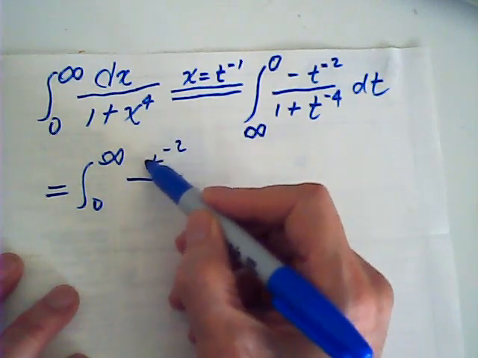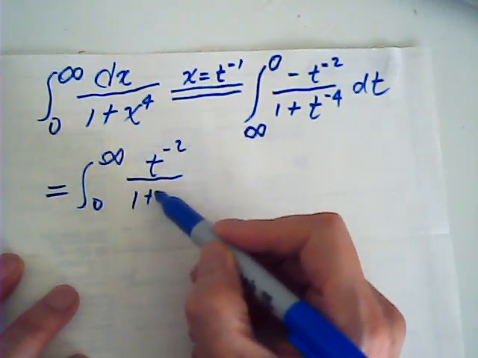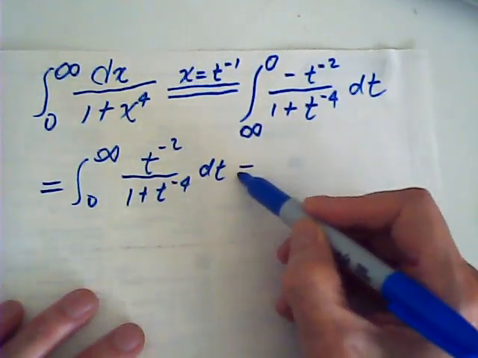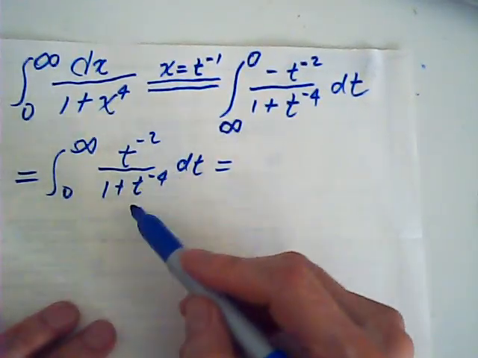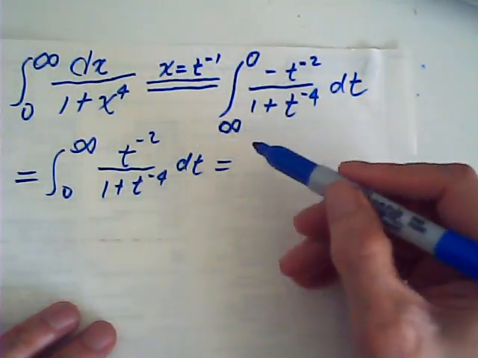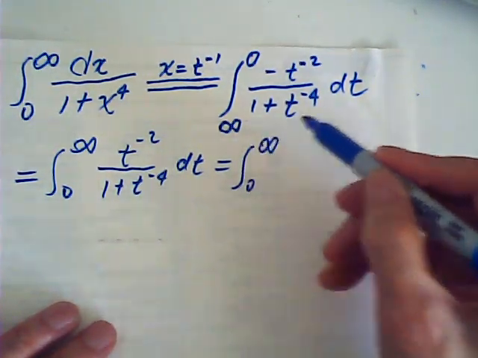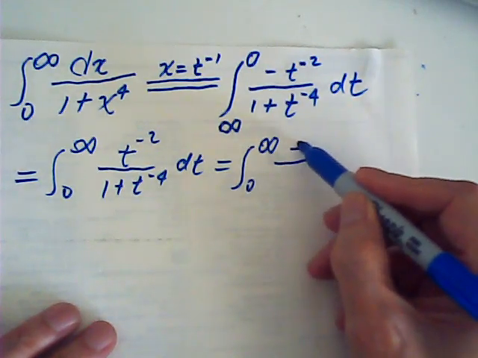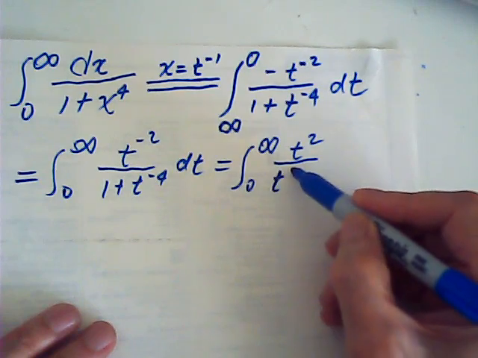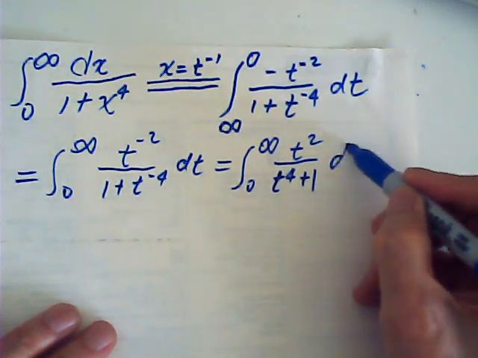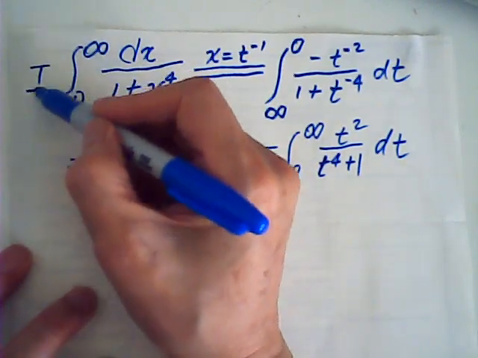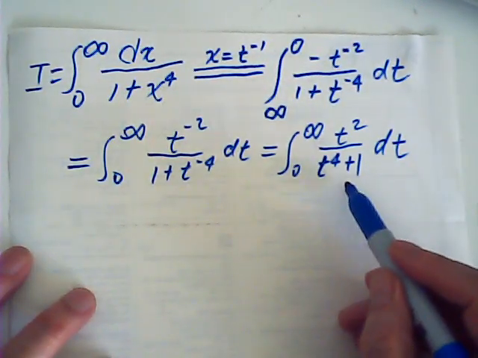The integrand is t to the power of negative 2 over 1 plus t to the fourth, dt. Then we multiply by t to the power 4. So this becomes t squared over t fourth plus 1. Yeah. Okay. So if this is I, this is also I, right?